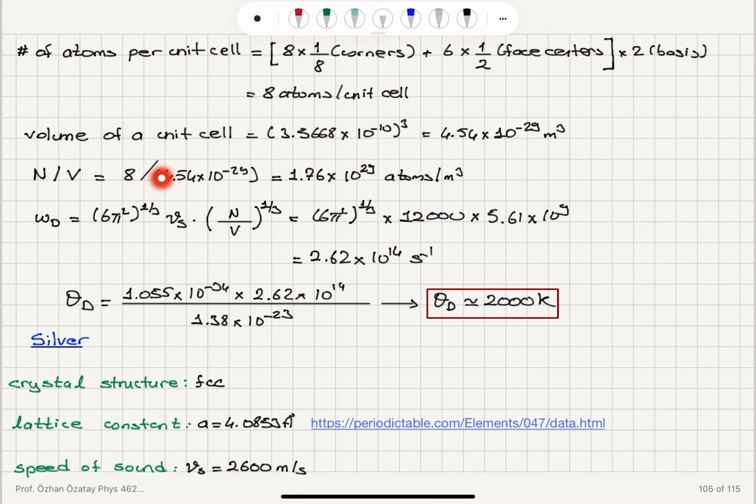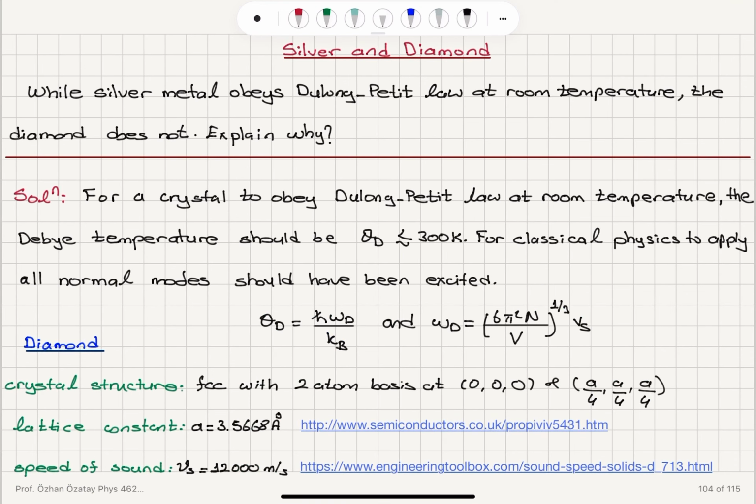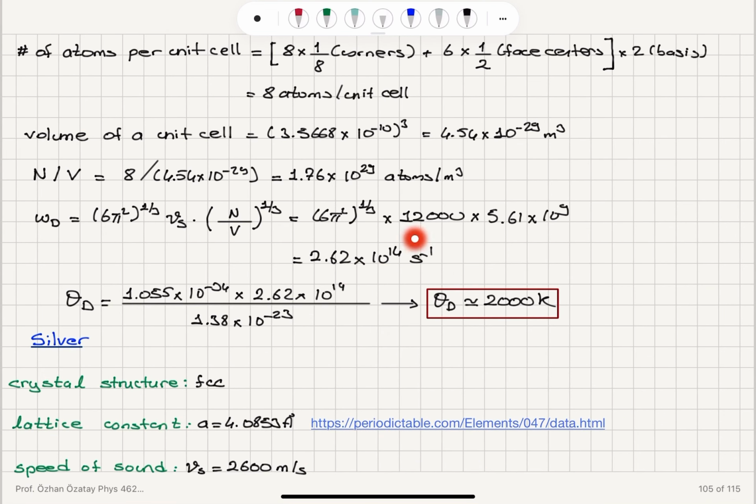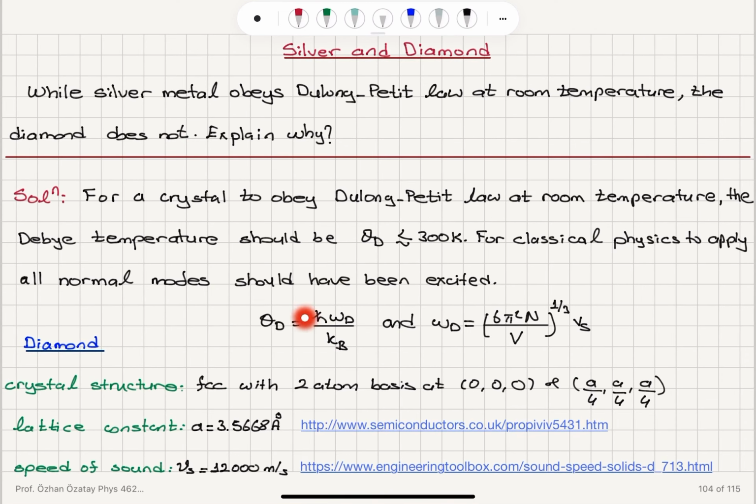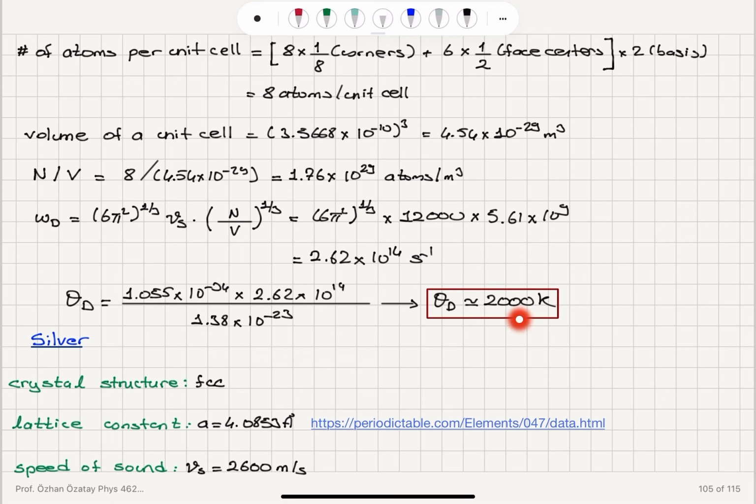Number density is the number of atoms per unit cell divided by the volume. Then the Debye angular frequency is (6 pi squared times the number density) to the power 1/3, multiplied by the speed of sound. And h bar omega Debye over the Boltzmann constant gives us the Debye temperature. So when we do this calculation for diamond, we obtain 2000 Kelvin.